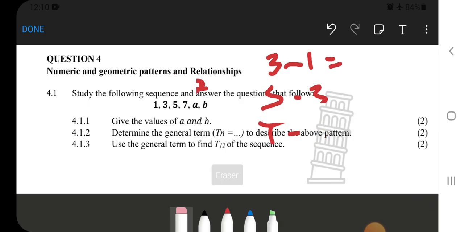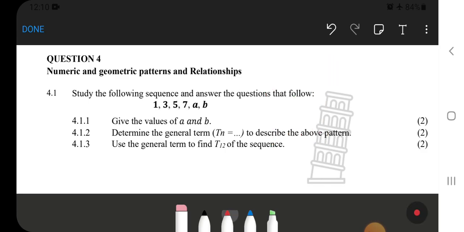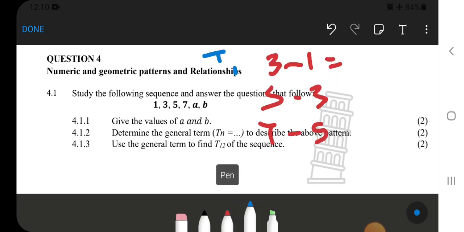So that is how they are. This is how to get the difference, so that you know how much was added to 3 to get 5, how much was added to 5 to get 7. So 3 minus 1 is 2, 5 minus 3 is 2, and then 7 minus 5 is also 2.